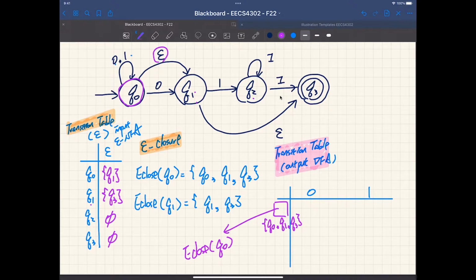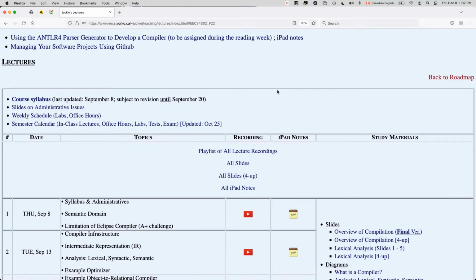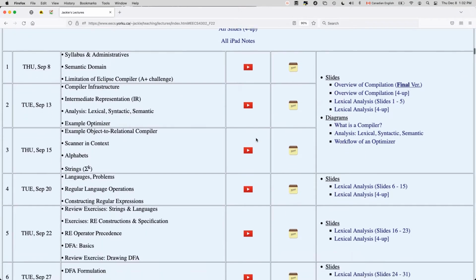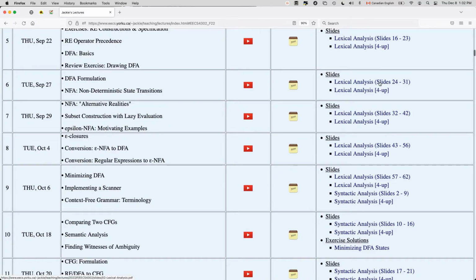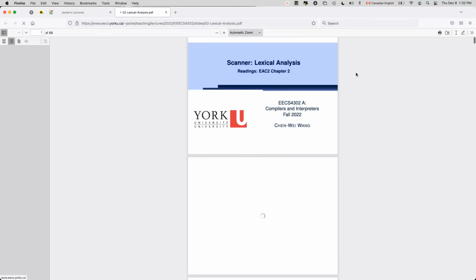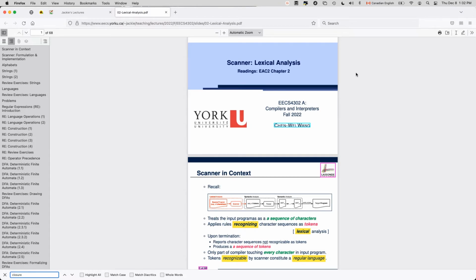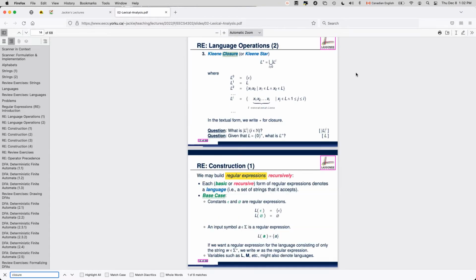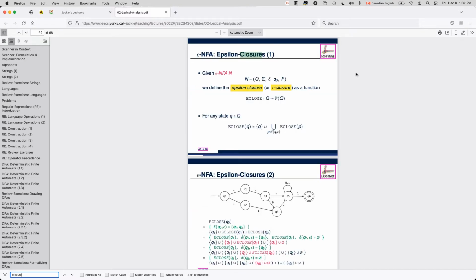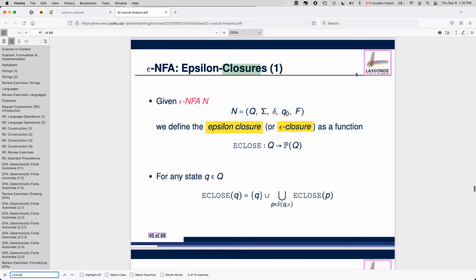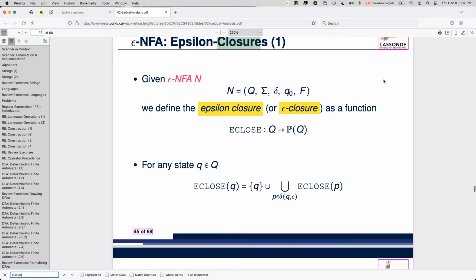Just to be safe, let's take a quick look at the epsilon closure definition very quickly. You can see the epsilon closure of some state Q is going to be Q itself, of course.